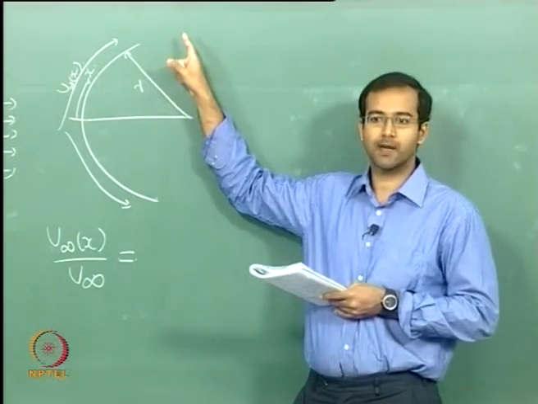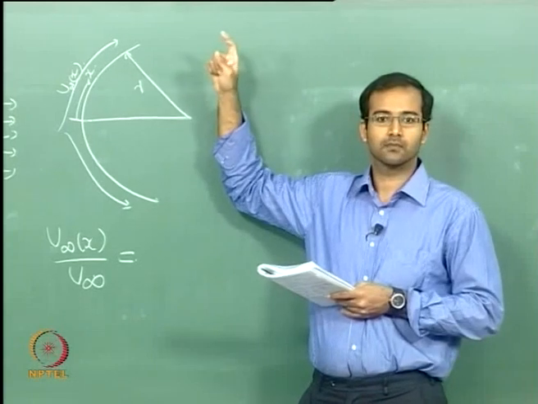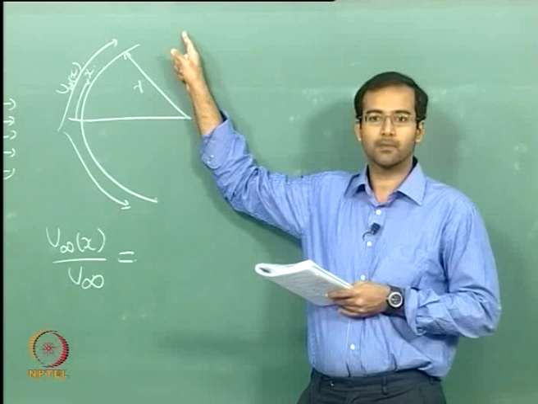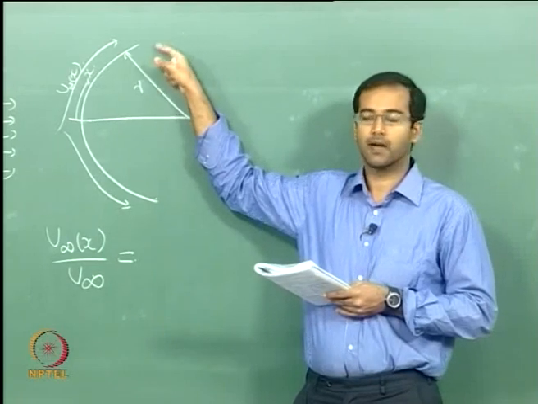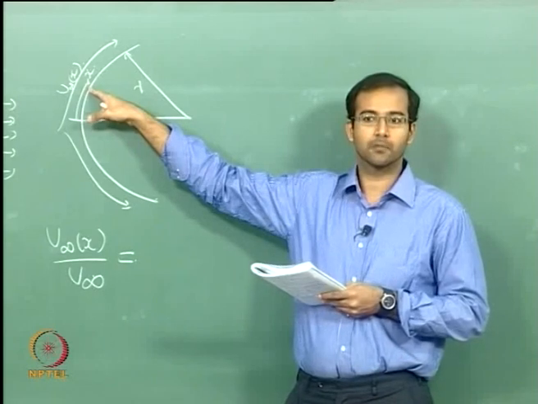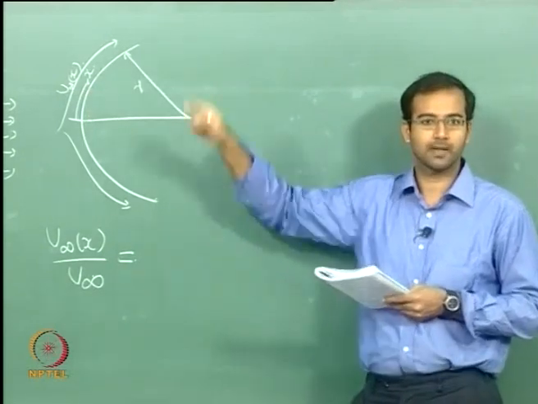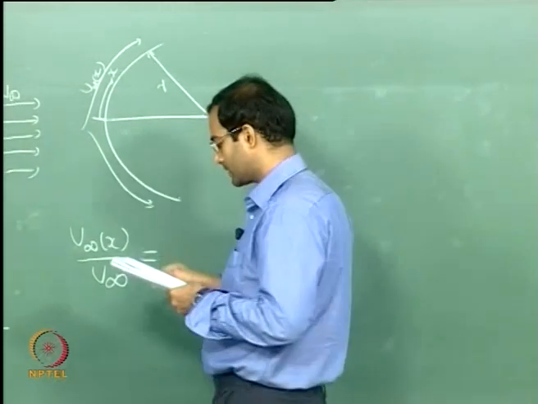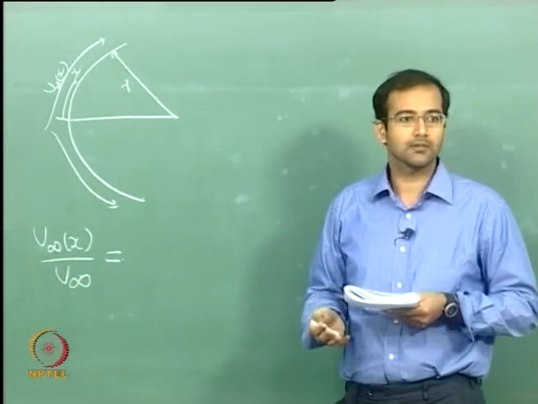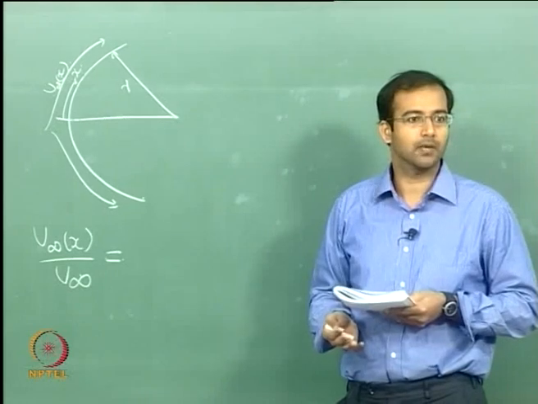And where does it reach maximum? Where theta equals pi by 2, and x is equal to r theta basically. So x by r should be equal to pi by 2. At that location it becomes the maximum. So it should be a sinusoidal variation: sine 0 is 0, sine pi by 2 is 1.